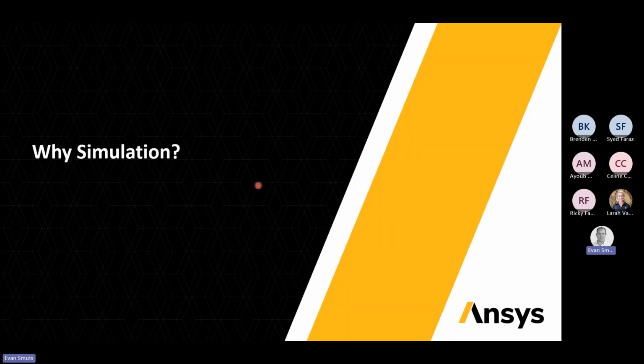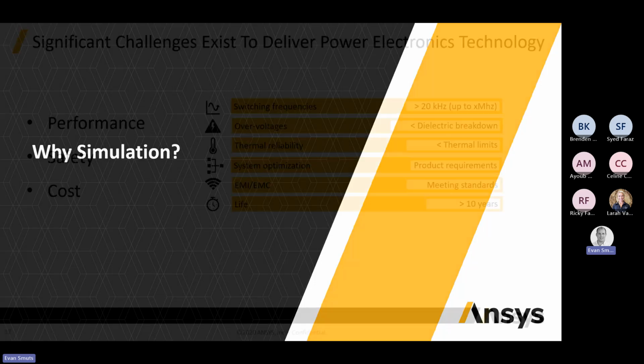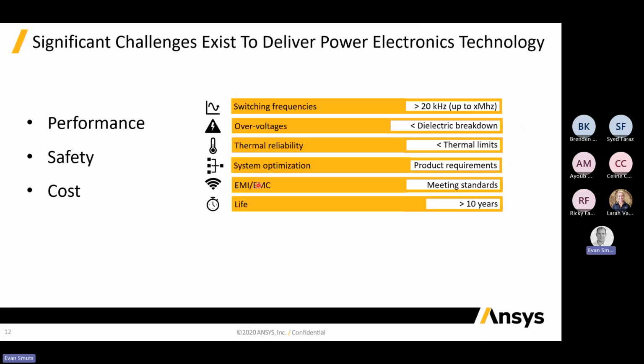So firstly, why simulation? I guess that's always the big question. Why do we need to simulate something? When we get to a subject like power electronics, there are main pillars of what we're trying to do.